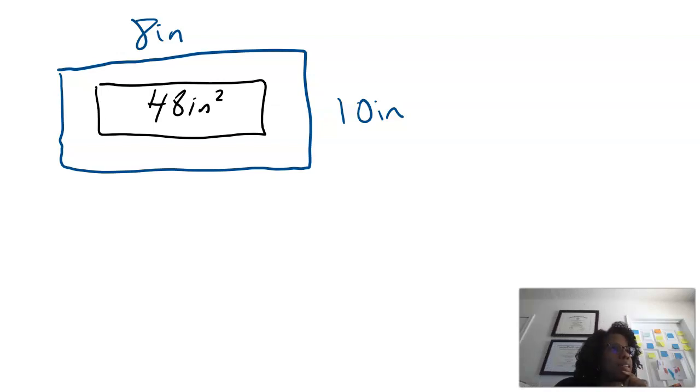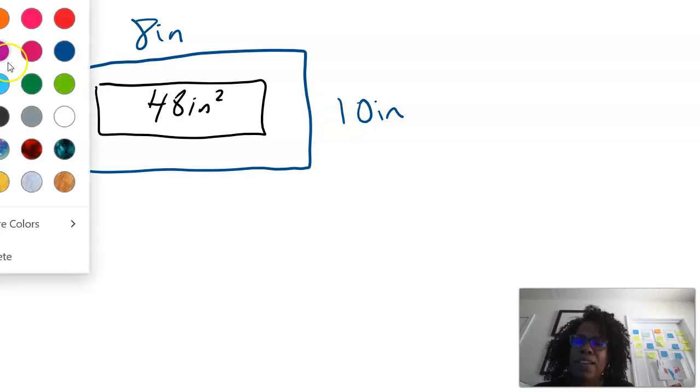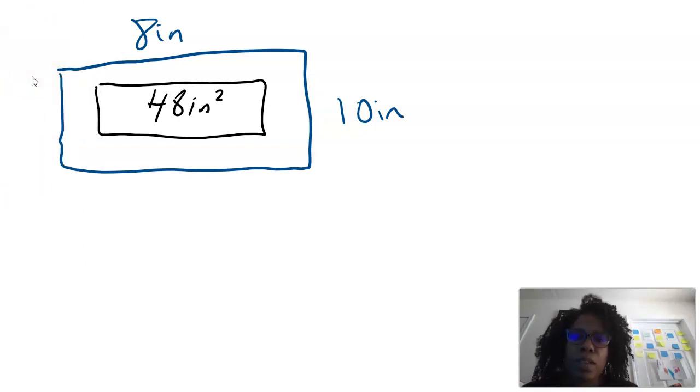It says, how wide is the width of the picture frame if the frame is the same width all the way around the picture? So what are they asking for? They're asking for the space between the frame and the glass, right? So we want to know this amount of space. That's our question mark, that's our unknown, that's our x. And it says the glass is positioned so that the width is the same all the way around the frame.